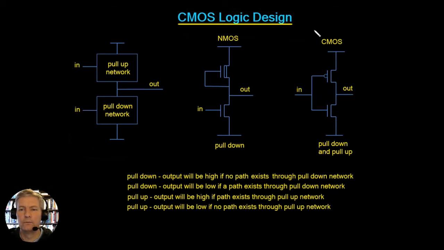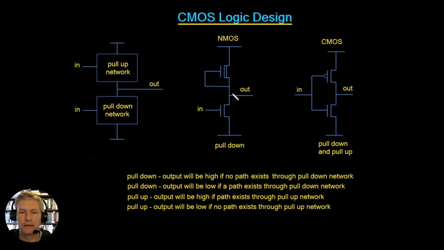So this is how both of these devices work. We could summarize this using these 4 lines here. In a pull down network, which is the NMOS network here, the output will be high if no path exists through this pull down network.